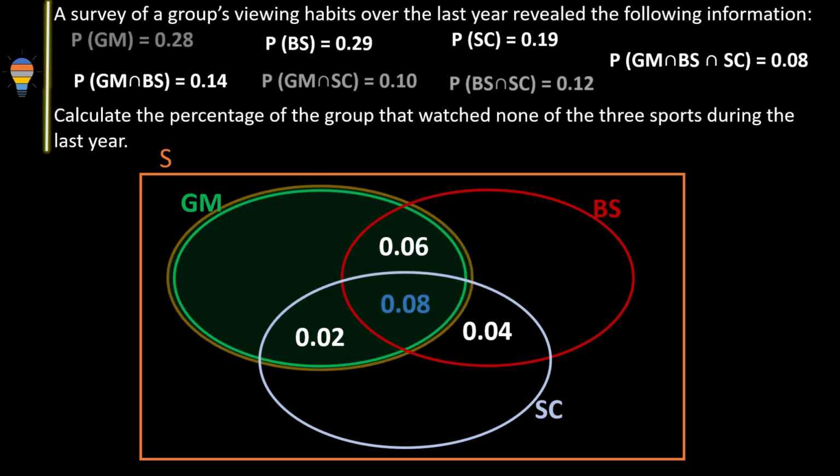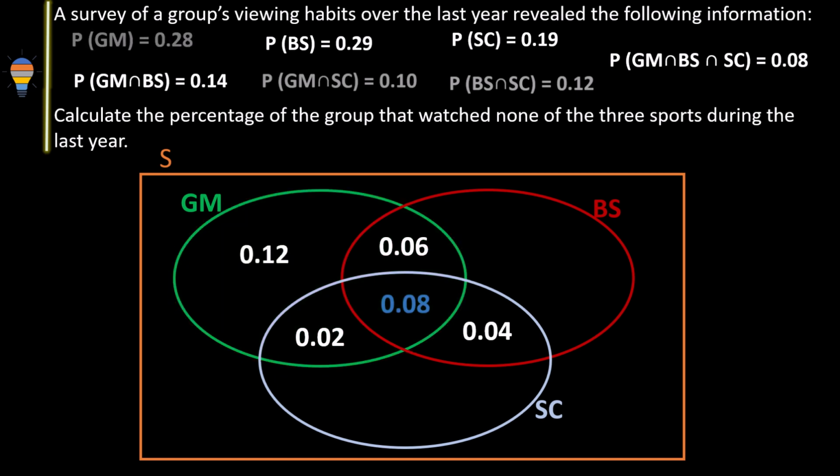Then how do we find the only GM? 0.28 minus 0.16, which is 0.12. Similarly, you can find only BS using this 0.29 minus the probabilities we already have in BS, then 0.11. And the only SC using this, that is 0.05.